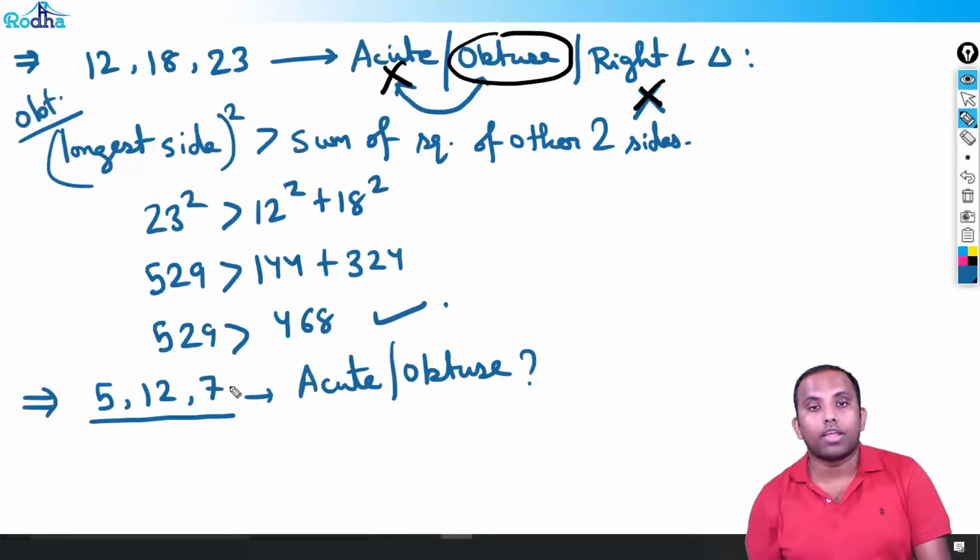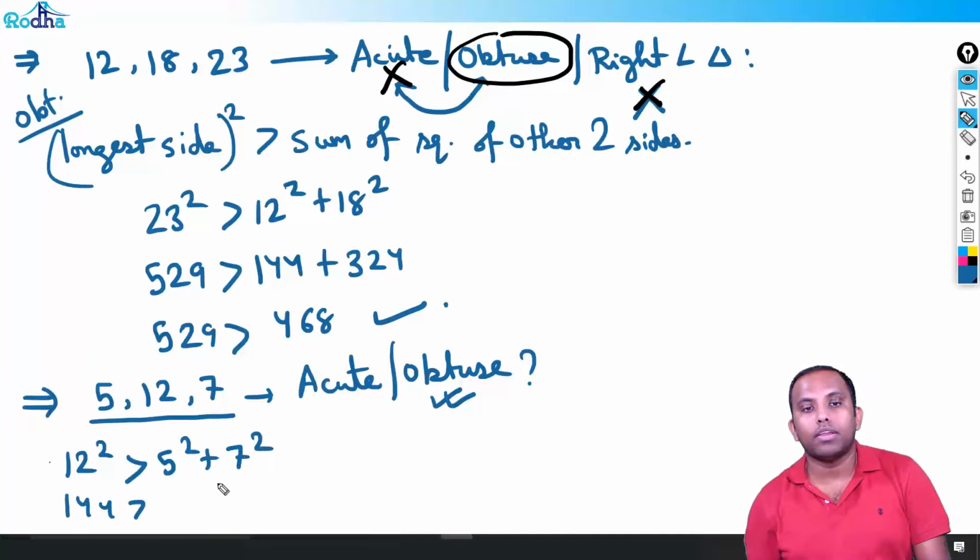Now for acute or obtuse, put the condition for obtuse: the longest side square, 12 square, should be greater than 5 square plus 7 square. That means 144 should be greater than 49 plus 25, which is 74. Correct, so it is an obtuse angle triangle.